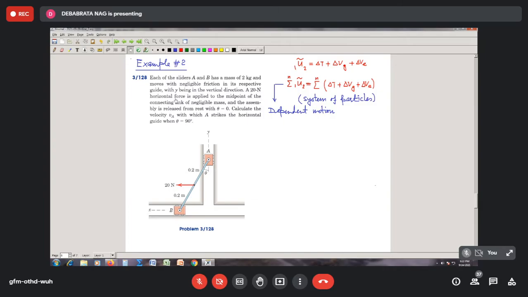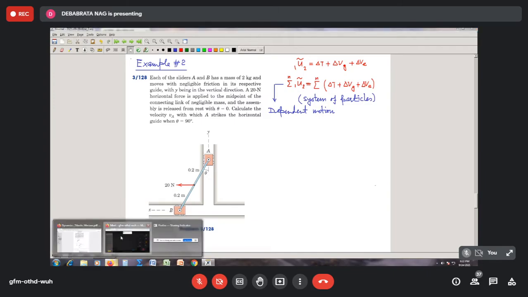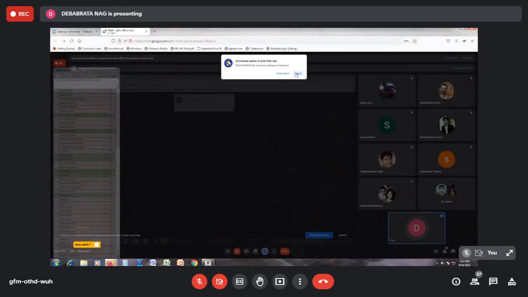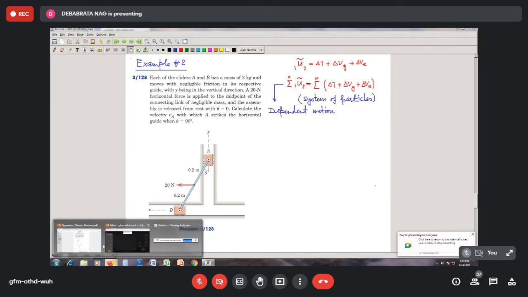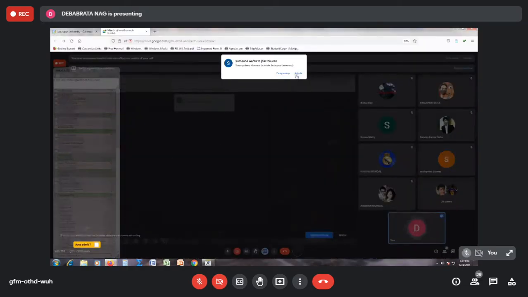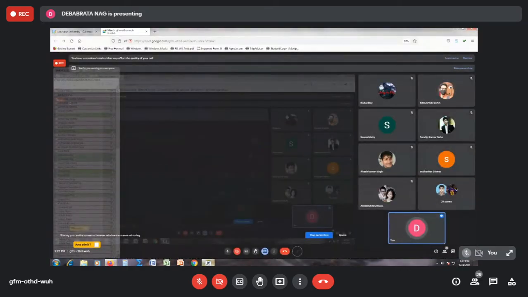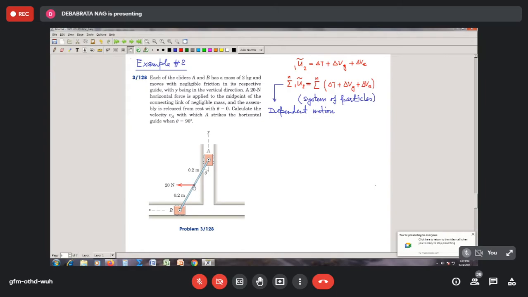A 20 Newton horizontal force is acting on our system. We note that this horizontal force is applied to the midpoint of the connecting link, the midpoint of this rod.